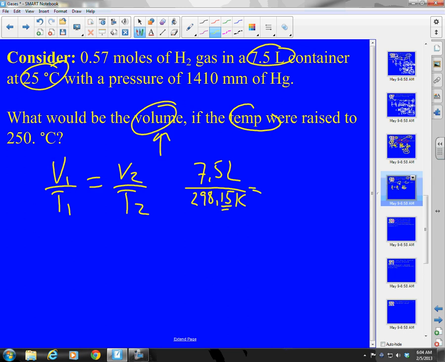Kelvin is equal to V2, that's what I'm seeking, over, ooh, this is a big number, 250 plus 273.15. That's not going to be significant, because I'm only going to be significant to the units here.